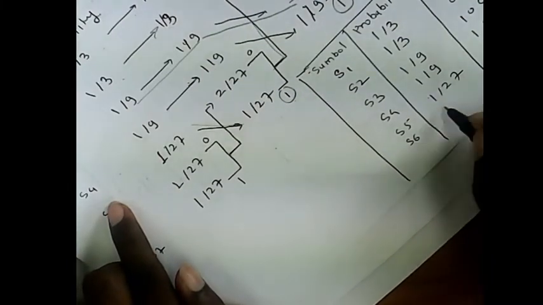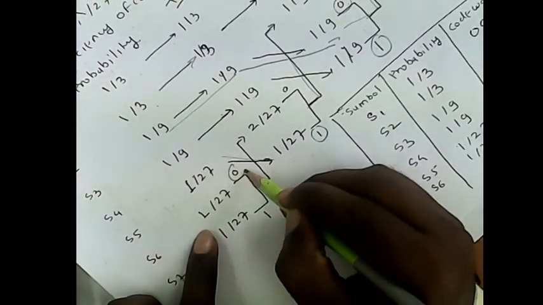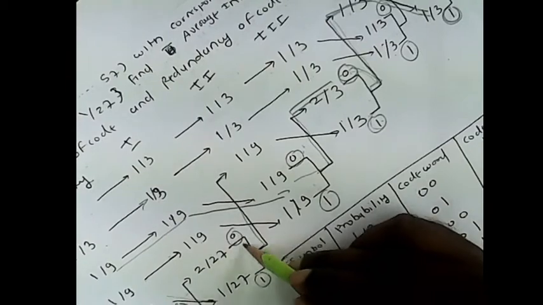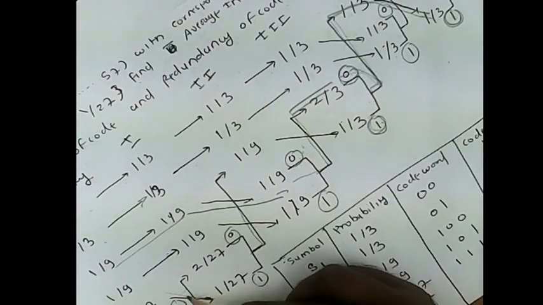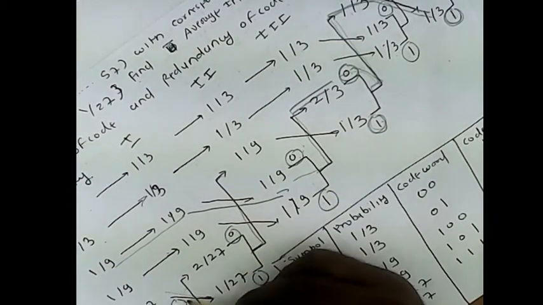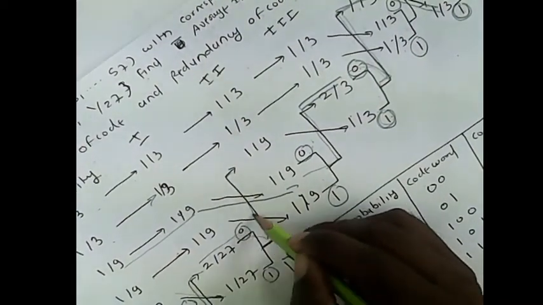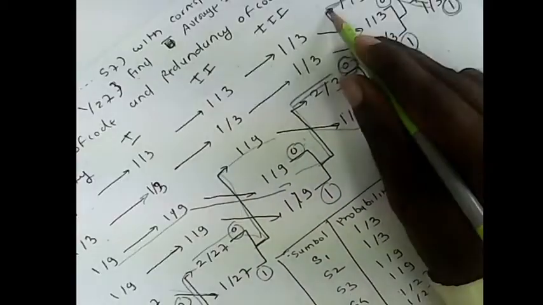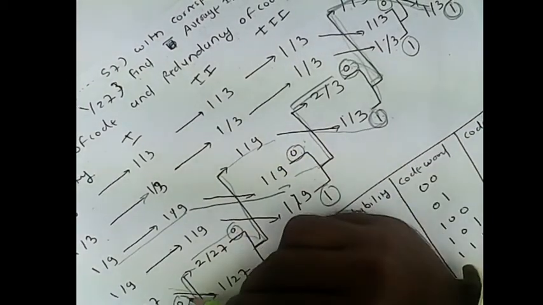Similarly for S6 symbol, the probability is 1/27. Here see, first code 0, then it will be combined with these two probabilities, so 0, then it will be combined with this, so 1, so 0 0 1, follow this path, then we go here, then here, so 1 1 0 0.